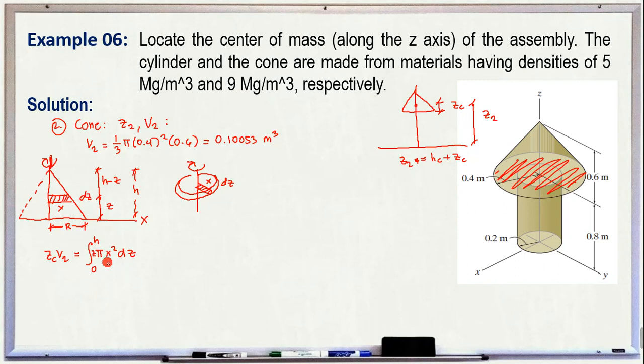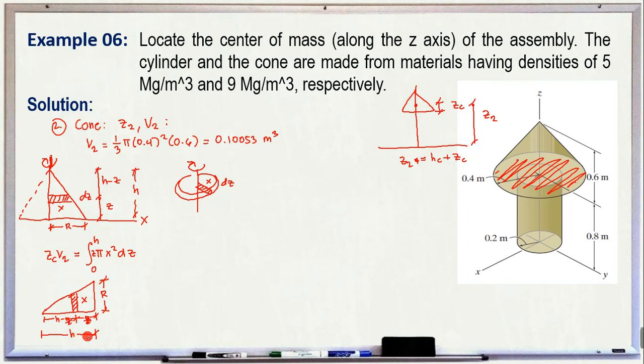After this one, we need to find an equation that relates the variable x and the variable z. We can't integrate right away. So use similar triangles. Cut the cone and lay the strip down. This is the strip. This is the radius of the base, this is our height h, this one right here is x, and this one is h minus z.